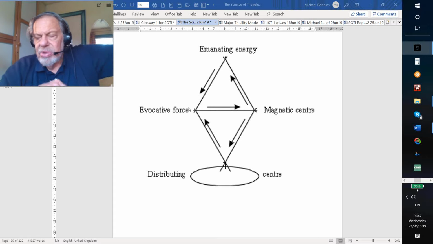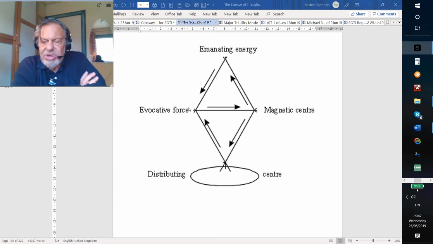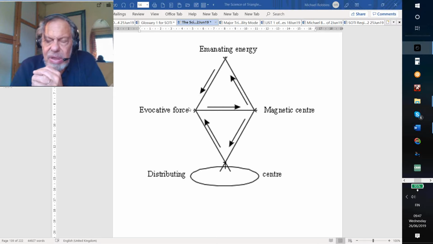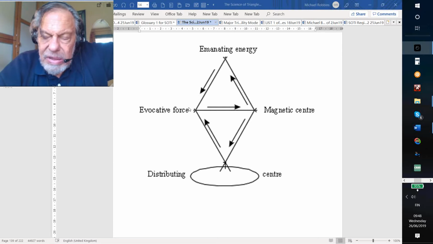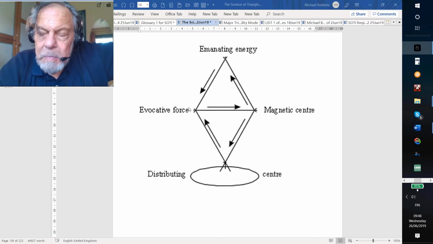You know how he talks about it: 25% first initiation, 50% second initiation, 75% third initiation, and 100% atomic matter, fourth initiation.